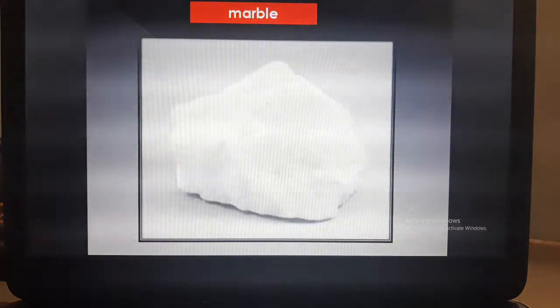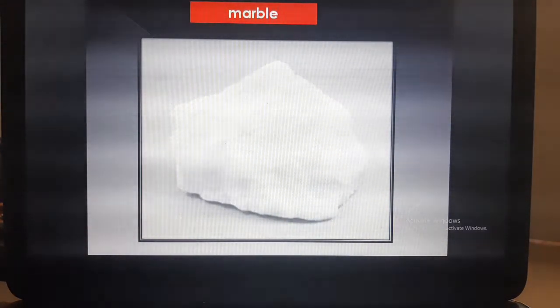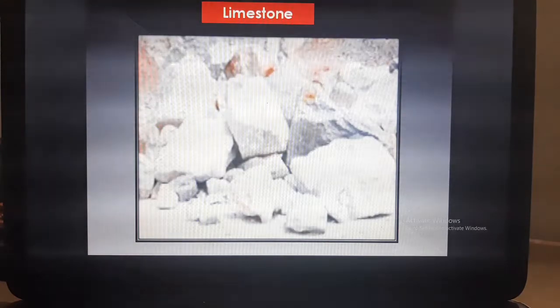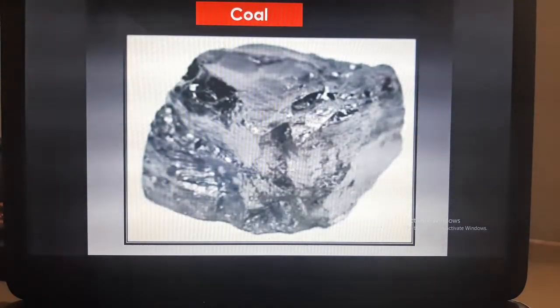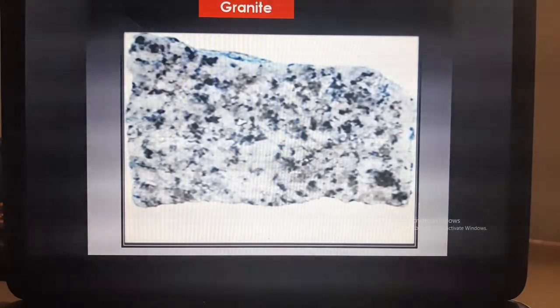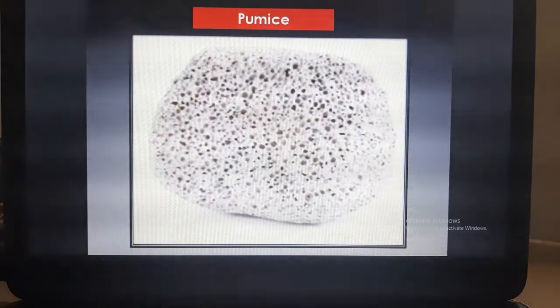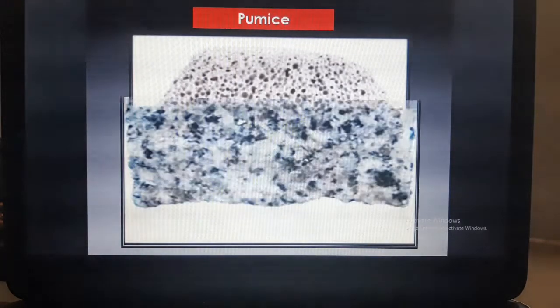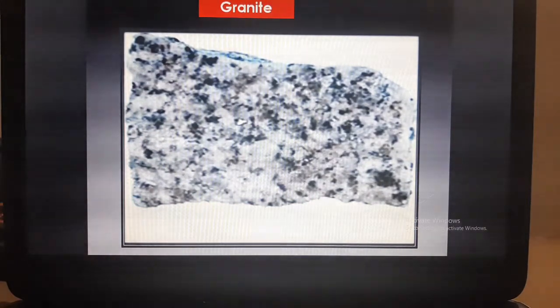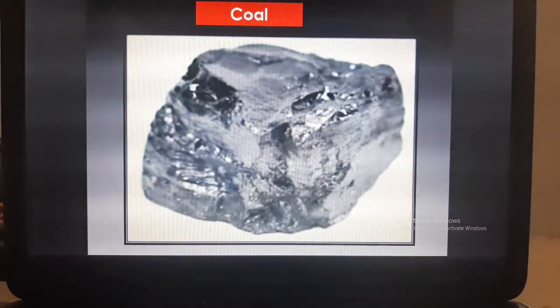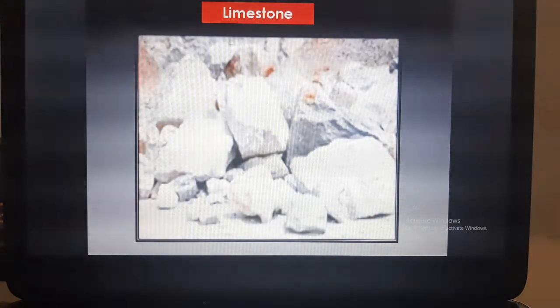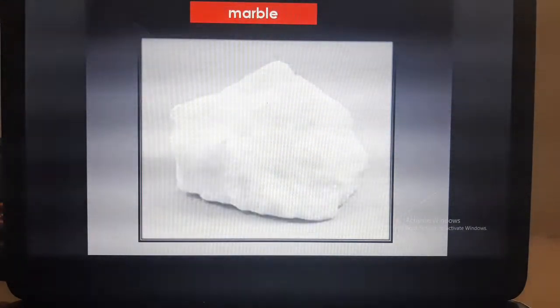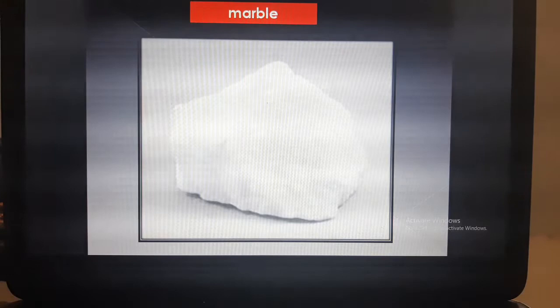First, these are the different types of rocks: first is marble, second is limestone, third is coal, fourth is granite, and fifth is pumice. Here you can see different forms of rocks. Today we will learn why rocks have different properties.